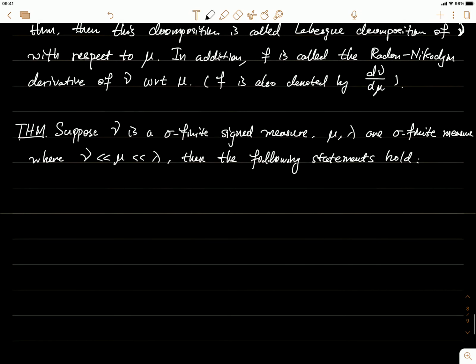The first one is called the change of variable.